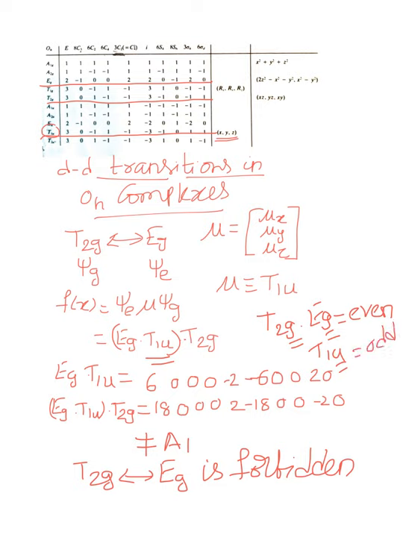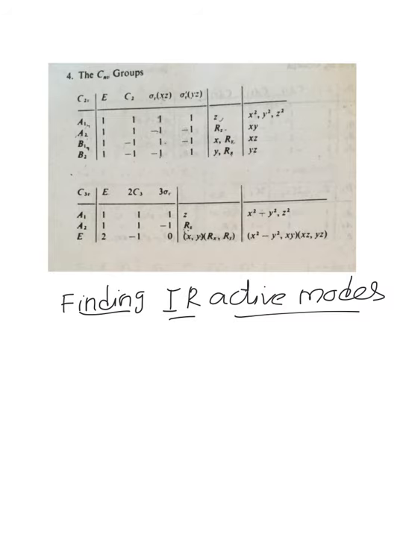So an even function into an odd function is always an odd function, so the integral will be 0. So instead of doing this triple product, we can directly know whether the overall symmetry is even or odd. If the overall symmetry is odd, then the transition is forbidden.